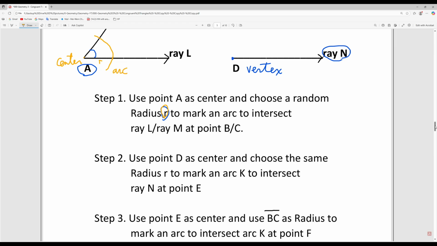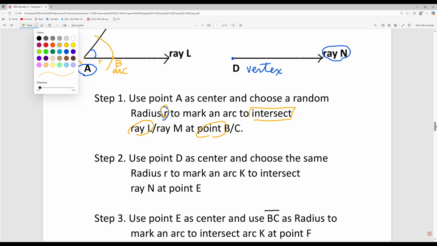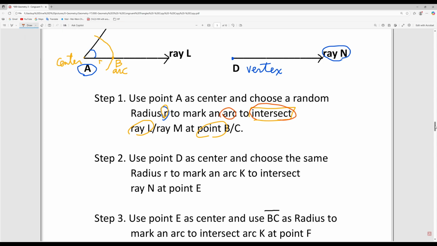I call this arc to intersect ray L at point B. So this is point B. And this arc intersects with ray M at point C. Okay, this is ray M at point C.